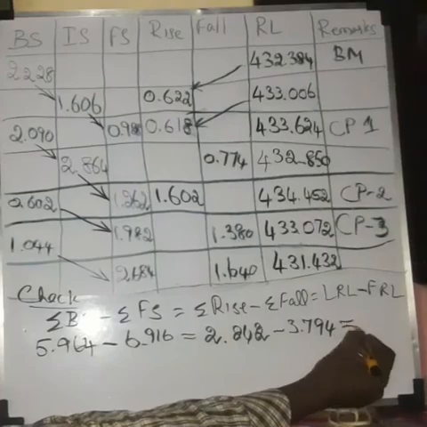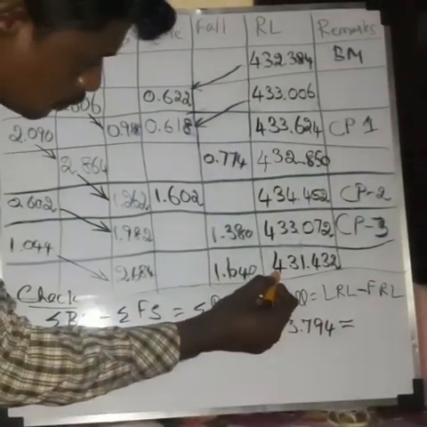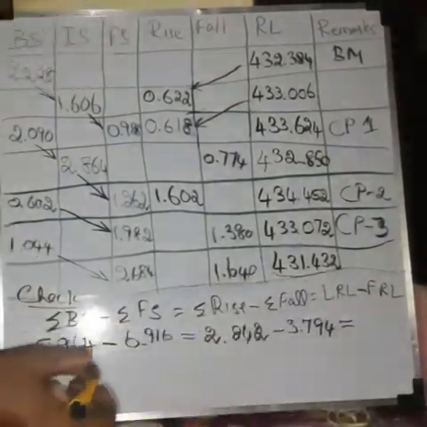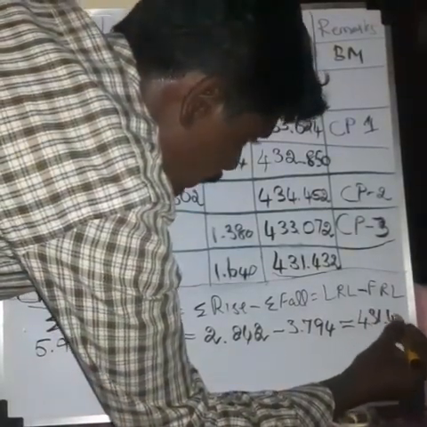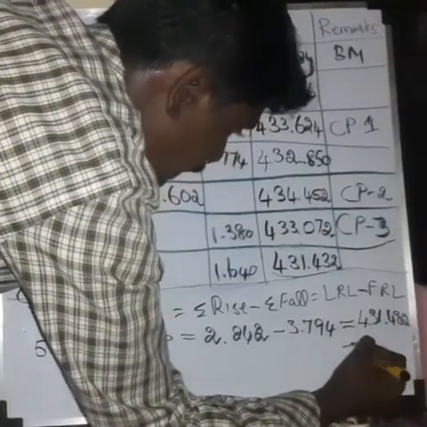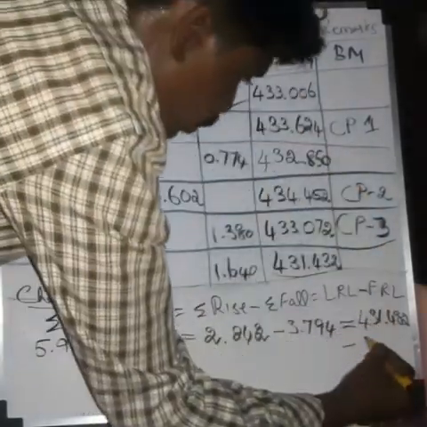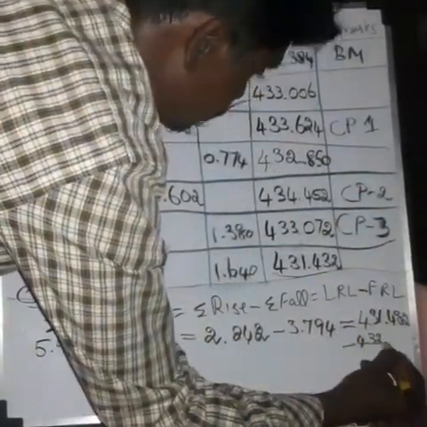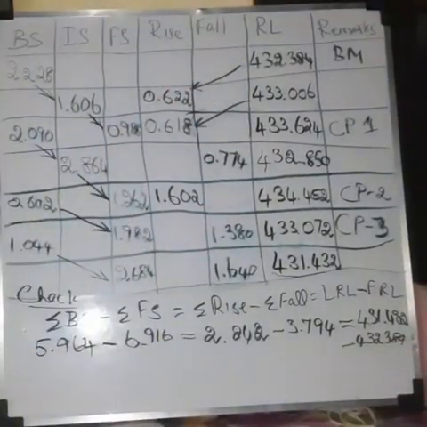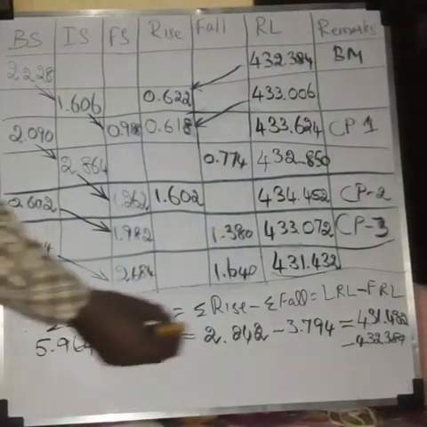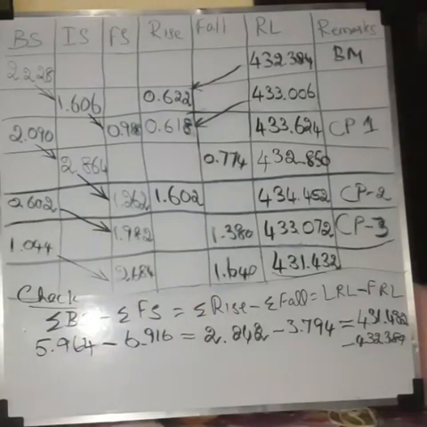2.842 minus 3.794 equals last RL minus first RL, that is 431.432 minus 432.384. All these differences should be equal. If they are not equal, the calculations of the above observation are wrong.